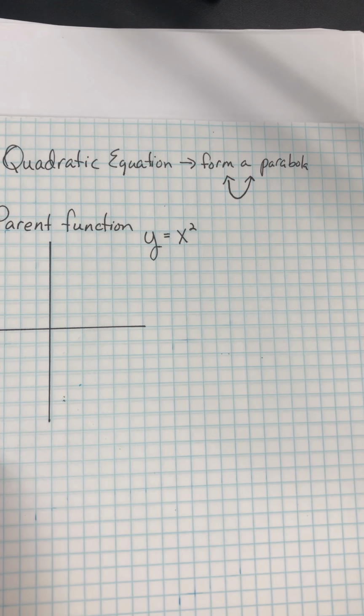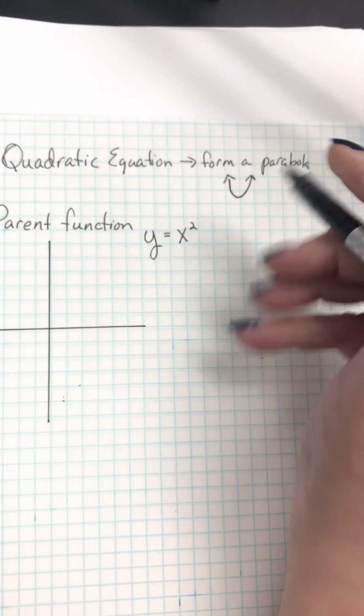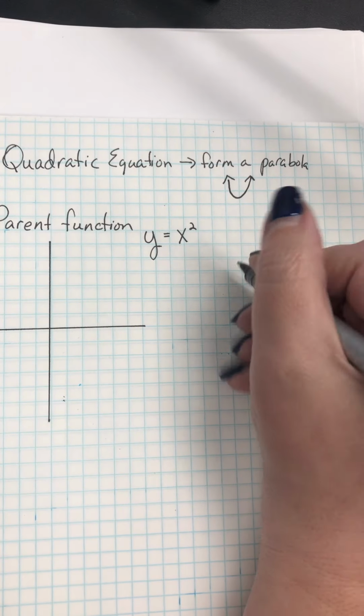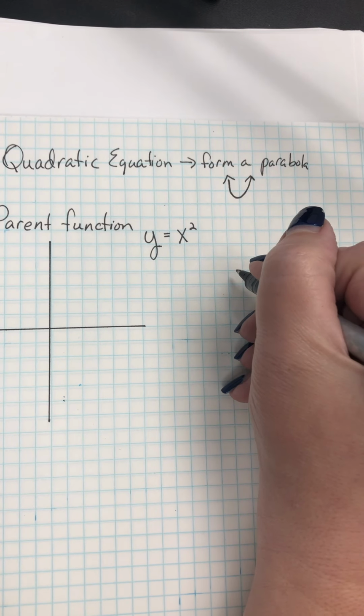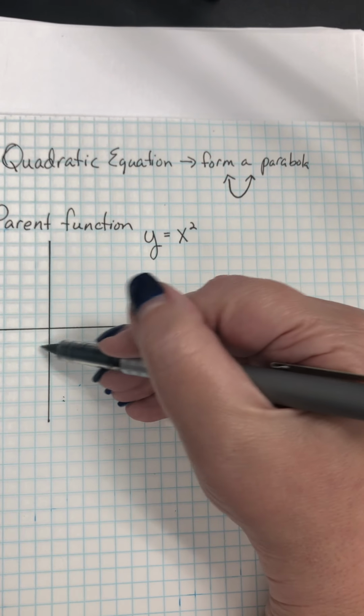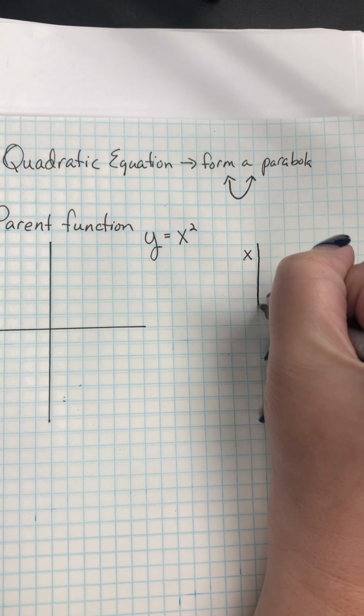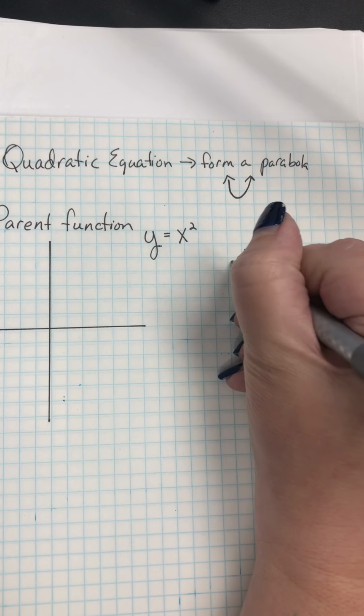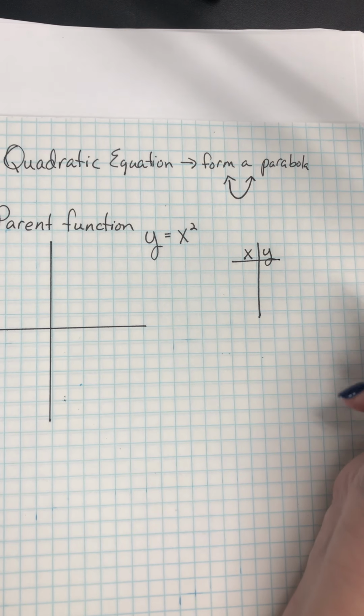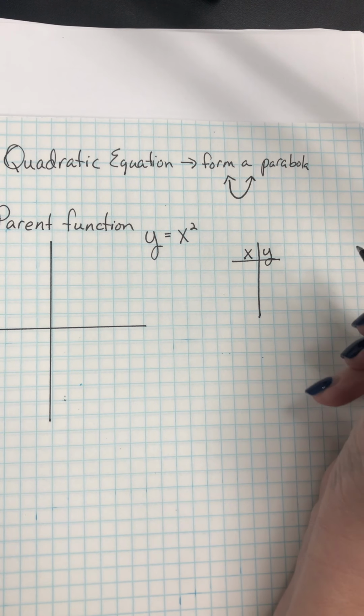But our parent function, in general, is going to make a U shape. And in general, parent functions are centered near the origin. I'm going to use a T-chart or an input-output table here to find our points.